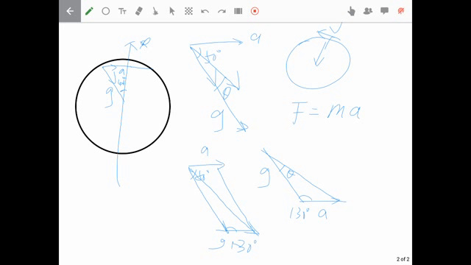I think you have to use the cosine rule to find this side first. We have two sides and an included angle.